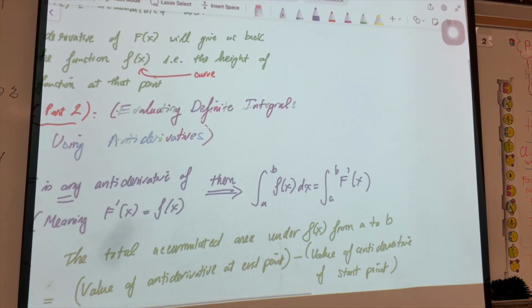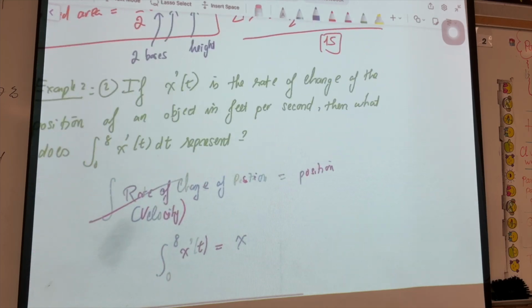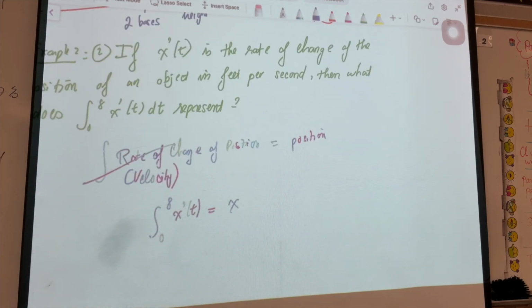So it's just F of ending point minus F of starting point. So apply the fundamental theorem part 2. What is this equal to? x(8) minus x(0). That's it. Now you have an in-depth understanding of the fundamental theorem.